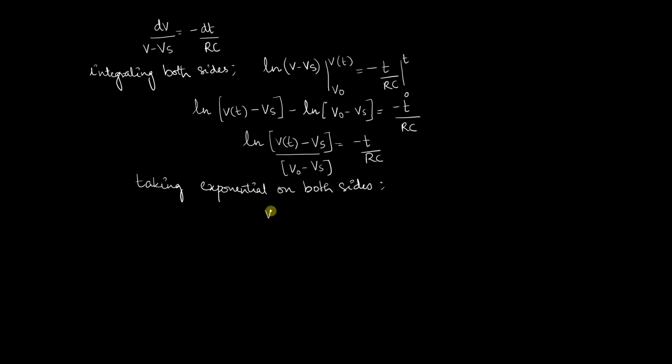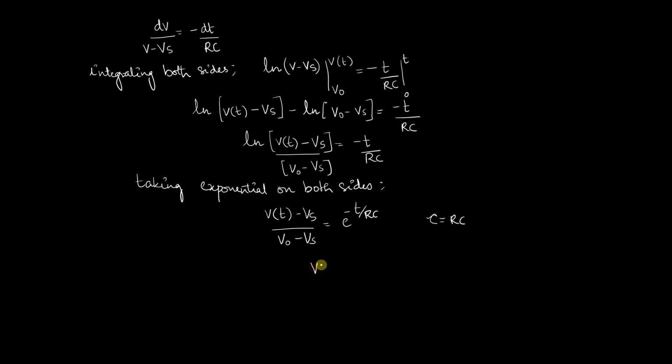So we have V of t minus V of s, because there is a ln term, natural logarithm. If you want to eliminate that, we are taking the exponential. So this becomes V naught minus Vs equals e power minus t by Rc. We can represent this as tau is equal to Rc, so that this term becomes minus t by tau.